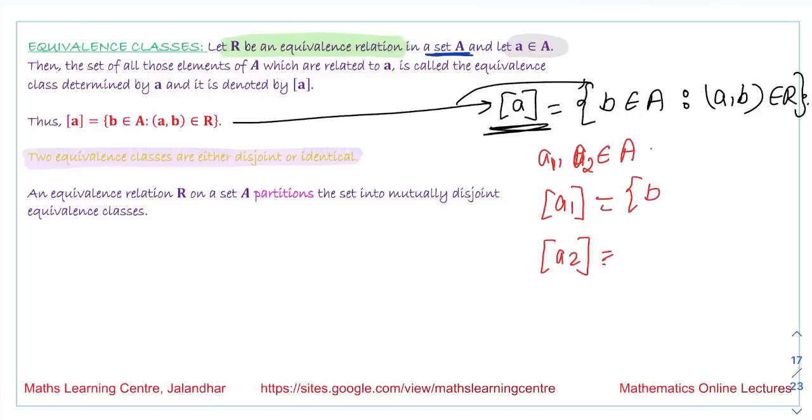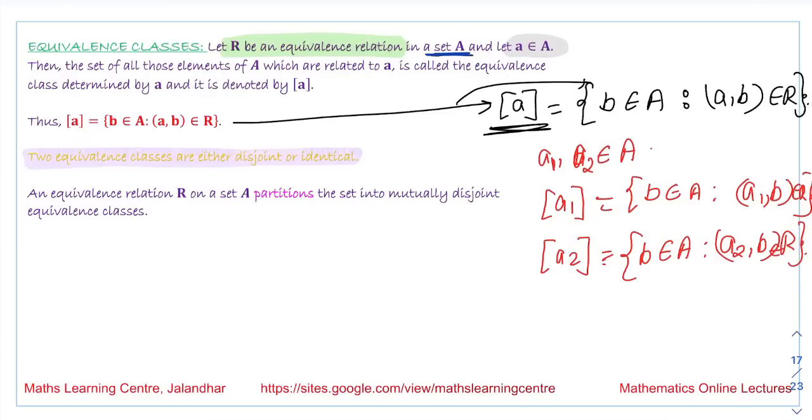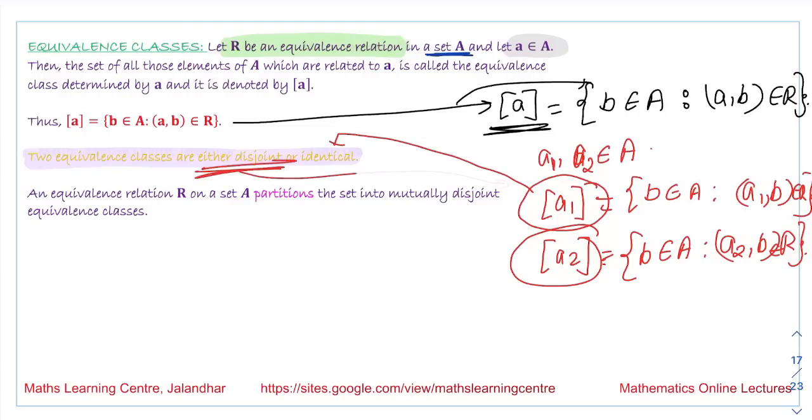The first is all those elements b belonging to A such that (a1, b) are related to each other. The second is the collection of all those elements b of A such that (a2, b) are related to each other. Then we are saying either both these classes are identical, meaning they are equal to each other, or they don't have any element common between them.